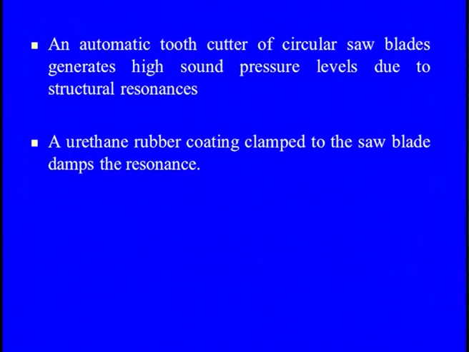At the same time, we cannot get a smooth surface on the cut object even after the cutting operation. So, we can put a urethane rubber coating clamped to the saw blade, and it will damp out the resonant conditions, because wherever resonant conditions are there, a huge amount of energy is emitted. This rubber, which is nothing but an isolator, can absorb that energy, extracting it from the source or from the mating surfaces.